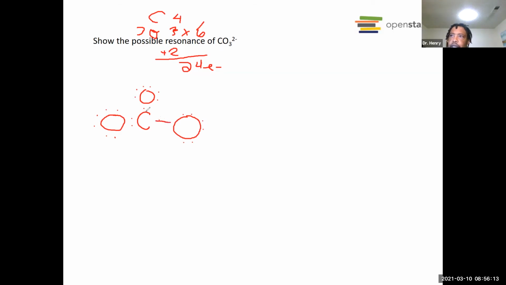So that allows us to have a bond there, and a bond here, but that's only giving us how many around carbon? 6. So somebody has to be a double bond. So we'll start off with this one.